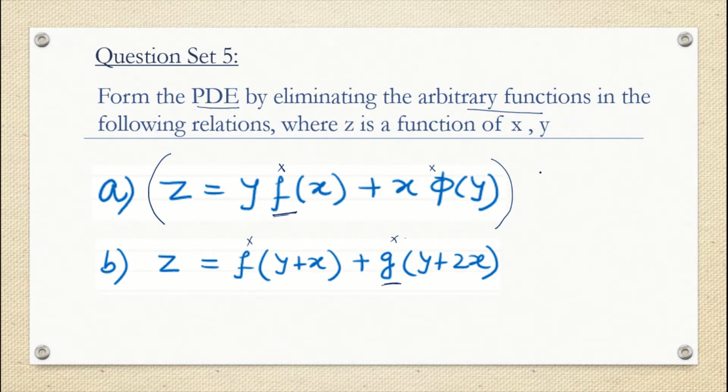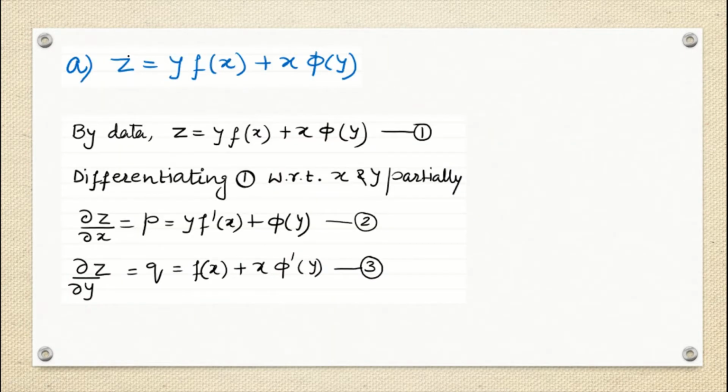You can allow your x, y, z, where z is a function of x and y. Then r, s, t, and constants are also allowed, because you are just going to eliminate the arbitrary functions. Now we will see how to solve this type of question.